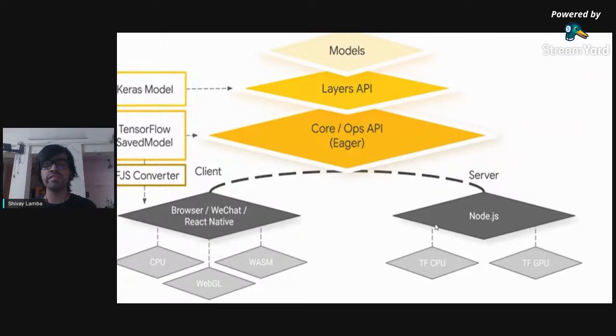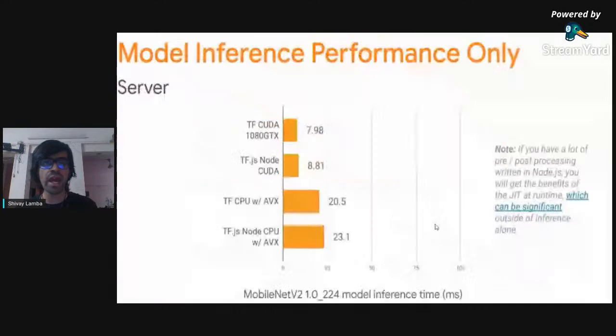And again, the TFJS converter is being actively used to convert a lot of different popular Python-based machine learning models to TFJS models. And apart from the client side, you can also write your own custom TensorFlow.js based models with the ops API on the server side as well, using Node.js, either with TensorFlow CPU or TensorFlow GPU.